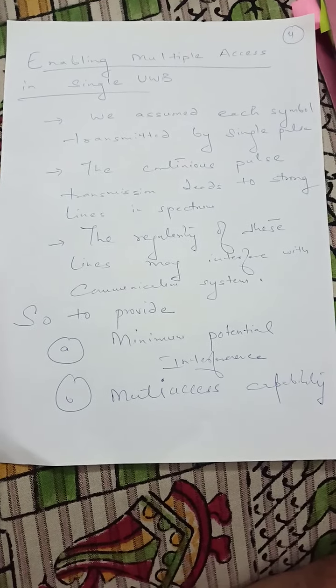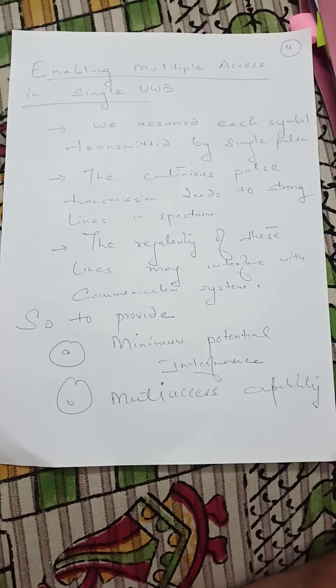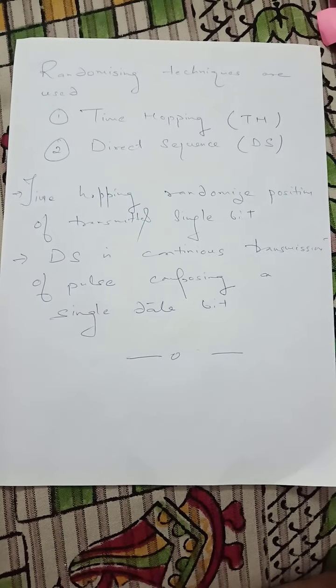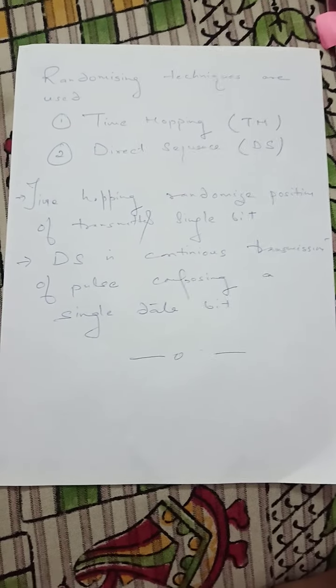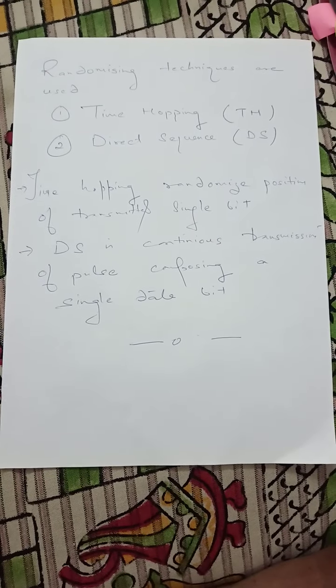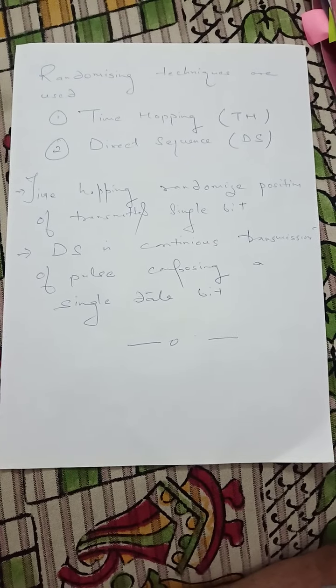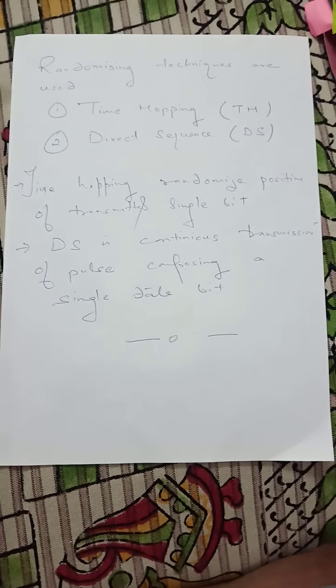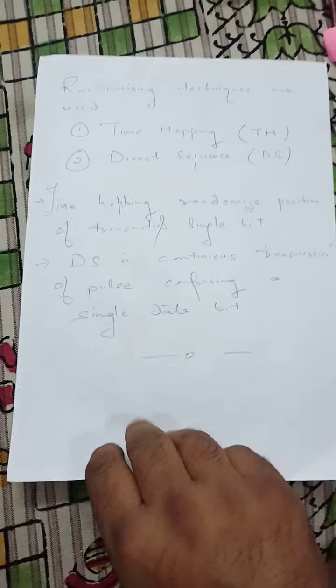So in order to have minimum interference and to improve the multiple access capability, we can use two important randomizing techniques, that is time hopping and direct sequence, which you have already learned in your mobile and wireless communication subject. But you can incorporate time hopping and direct sequence here in order to have a multiple access ultra wideband modulation scheme.